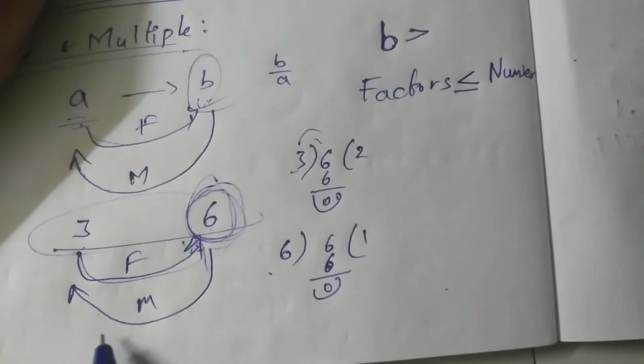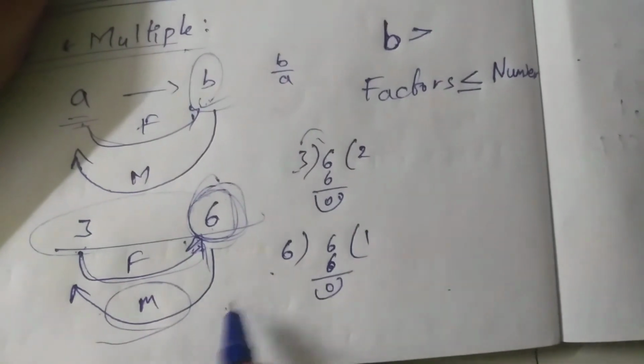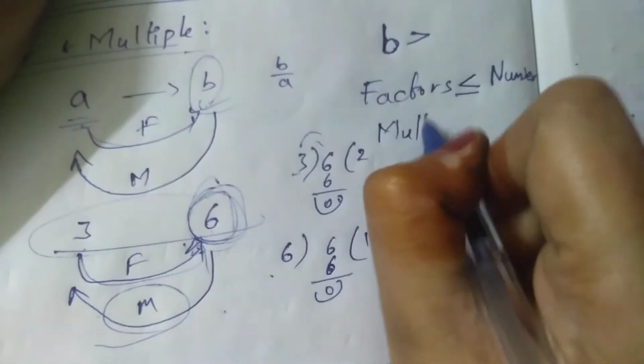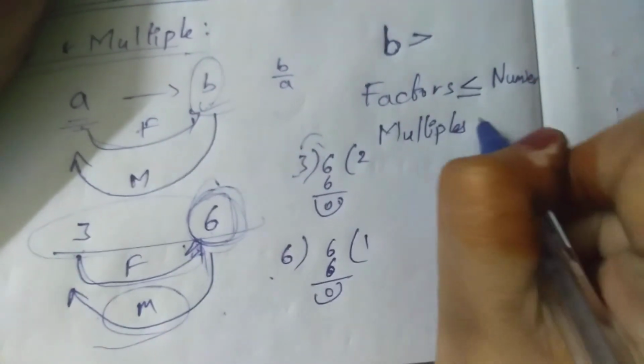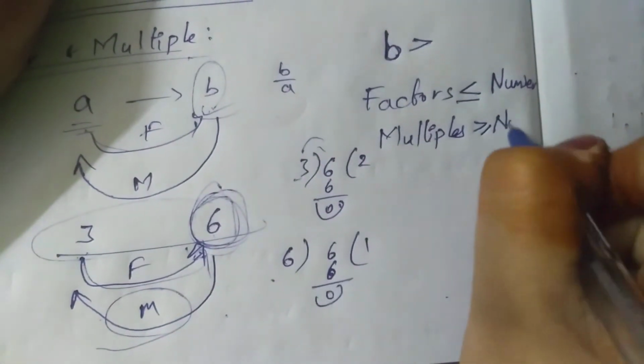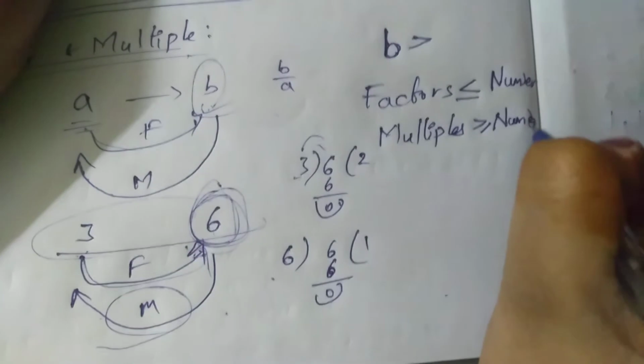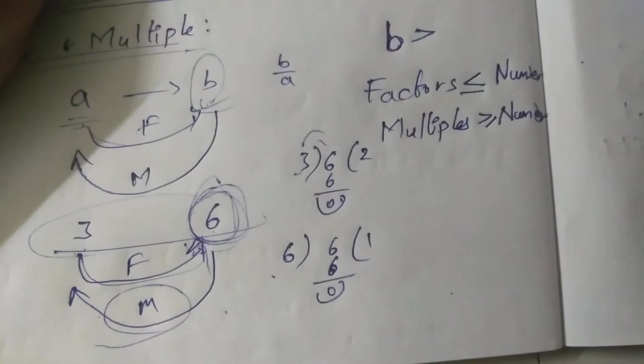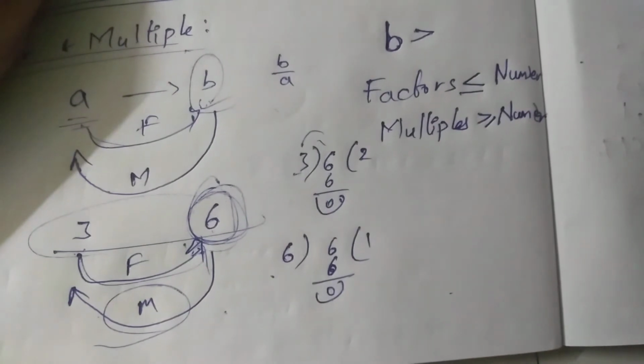And when coming to the multiples, they are always greater than or equal to the number. That's the difference between factor and multiple.